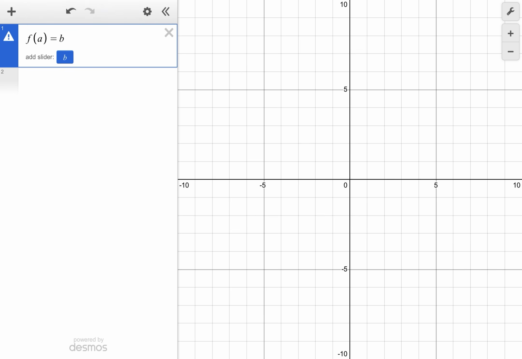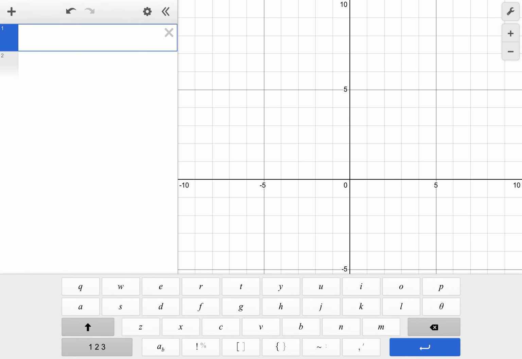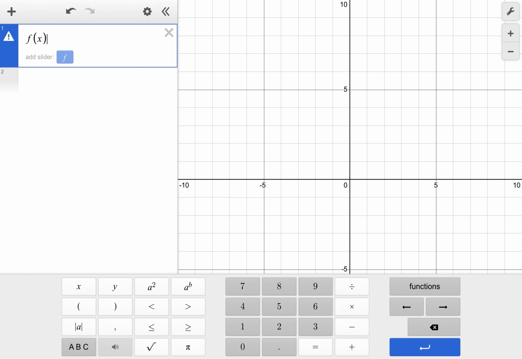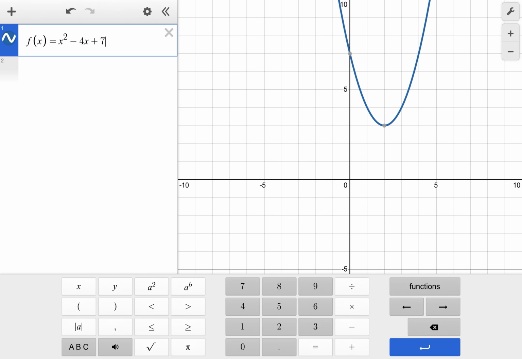So to evaluate a function in Desmos, you have to enter the definition. For example, let's say your function in the given problem is f of x equals x squared minus 4x plus 7. You move to a new expression line, and let's say you're trying to find the value of that function at x equals -2.